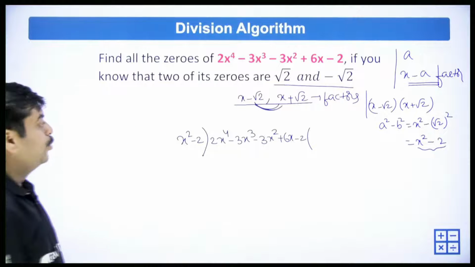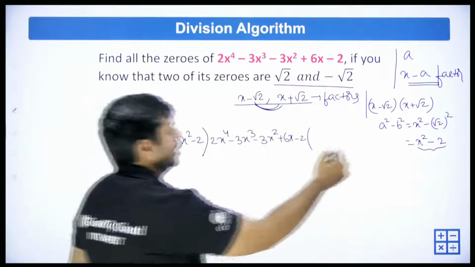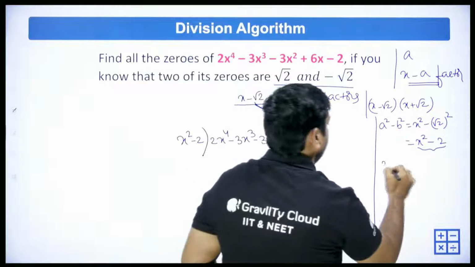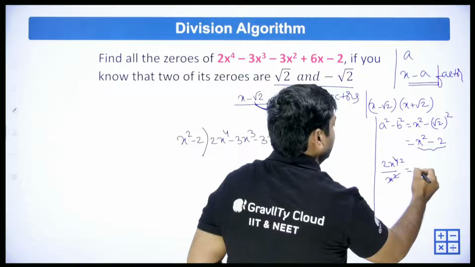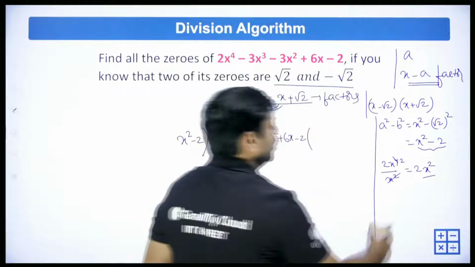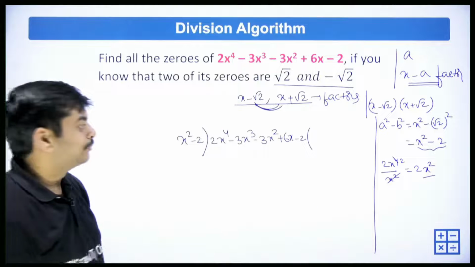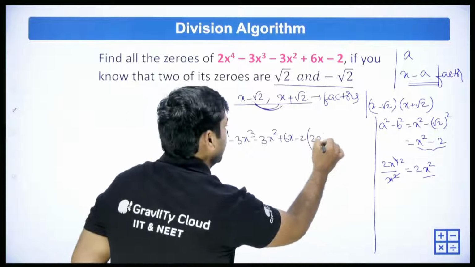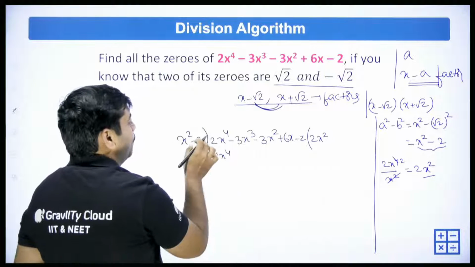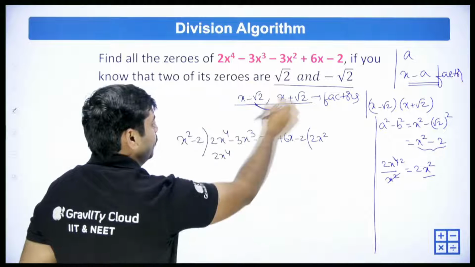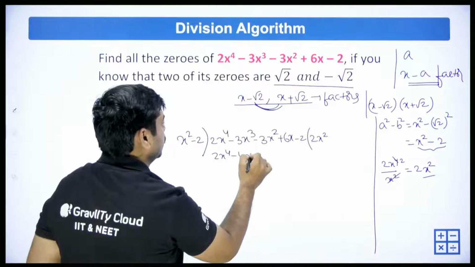2x power 4 by x square: x power 4 gets cancelled with x square, you will get 2x square. So keep 2x square here. Multiply x square with 2x square, you get 2x power 4. Minus 2 with plus 2, if you multiply, minus 4x square.